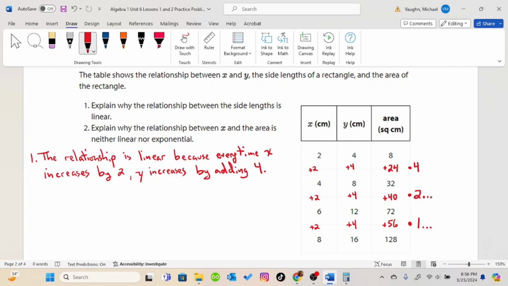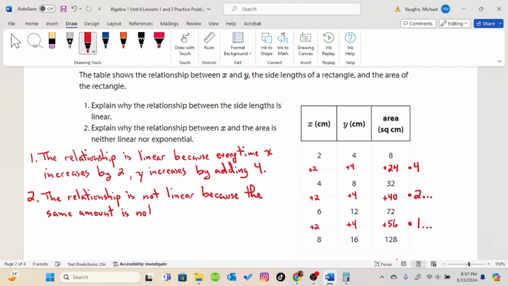So the relationship is not linear because the same amount is not added.